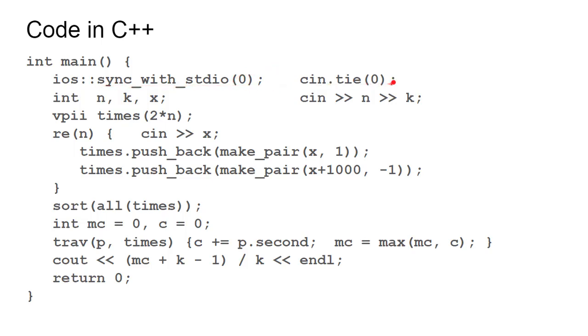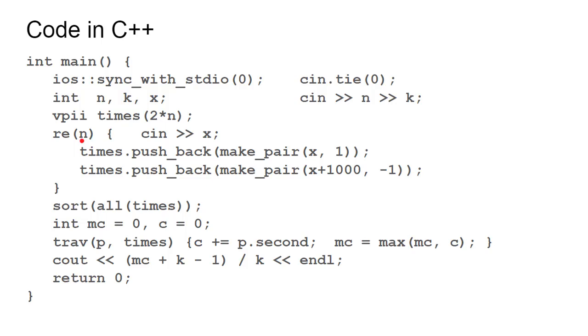So this is the code for solving this problem. This line is the C++ input speeding up. And yeah, we read in n and k, and then we create a vector of pairs of two integers of size 2n. Then when we're reading data, we just repeat n times, because we're really reading n pieces of data.